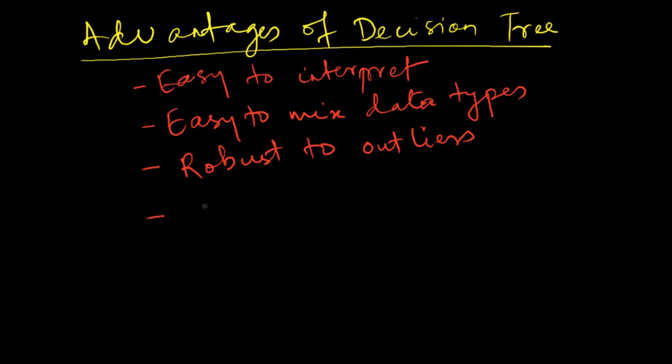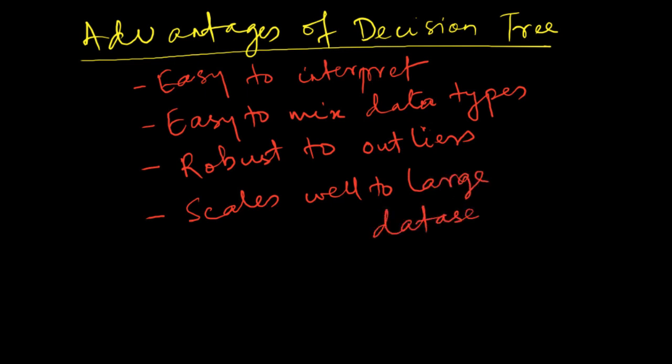And the final important point is that it scales well to large data sets. And this is because all that you are doing are computing some entropy or the Gini index values, which are relatively very easy to compute, unlike logistic regression where you have to do a gradient descent, and that's a complicated optimization process.